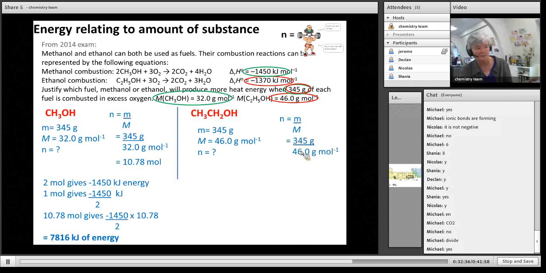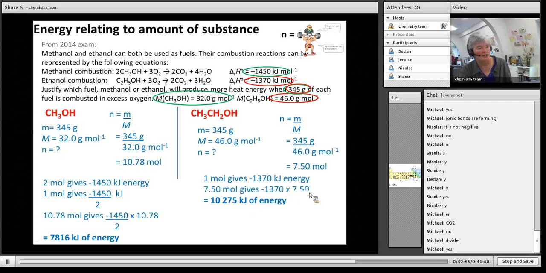We now divide by the molar mass of 46, we get 7.5 mole. Now we look at the equation and we've only got 1 here, so 1 mole of ethanol gives you that much. So I don't have to halve it, I just simply multiply 7.5 by that value and I get 10,275 kilojoules of energy.